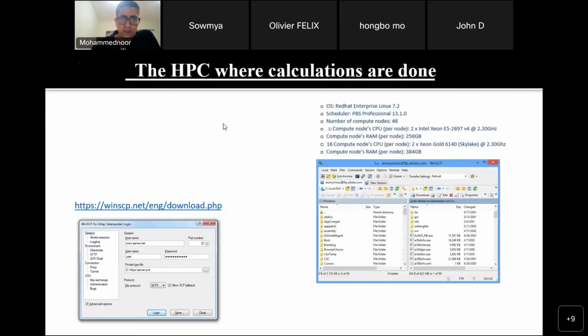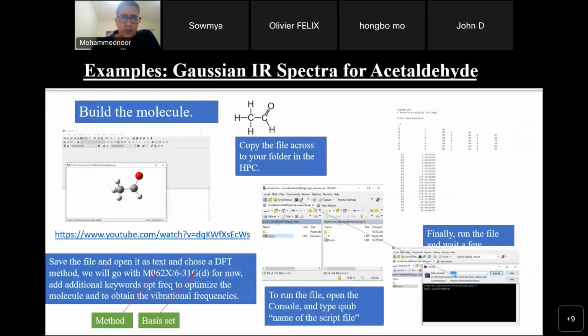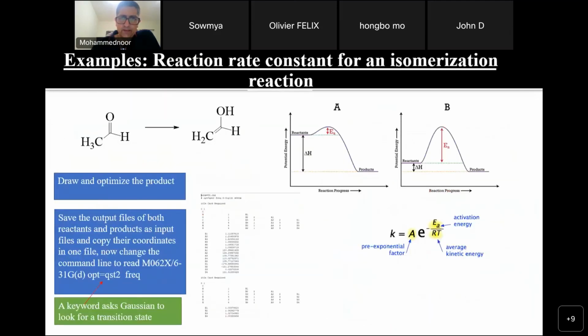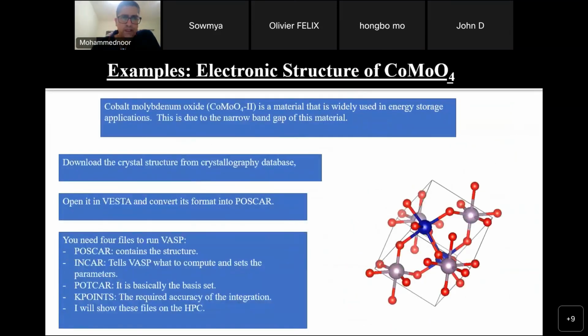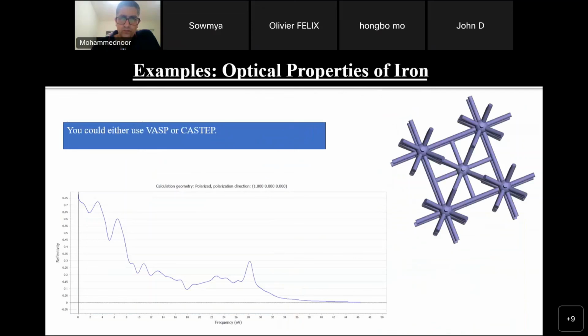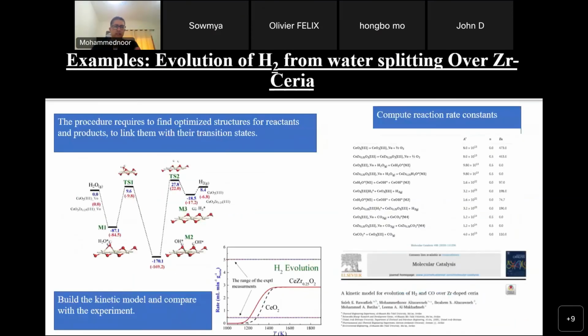Since we don't have much time, I will jump to a catalysis case, which is this one. In this paper, students calculated a pathway to generate hydrogen from water dissociation on a zirconium catalyst based on a ceria surface.